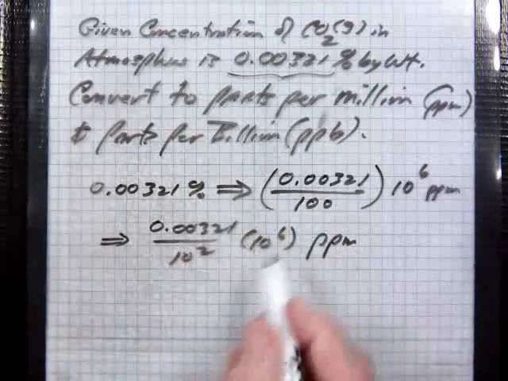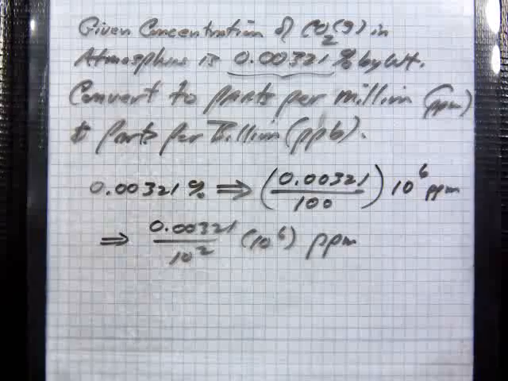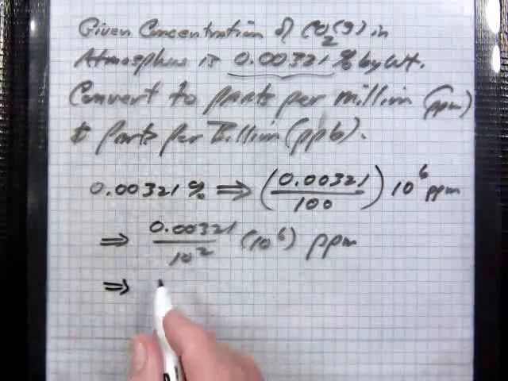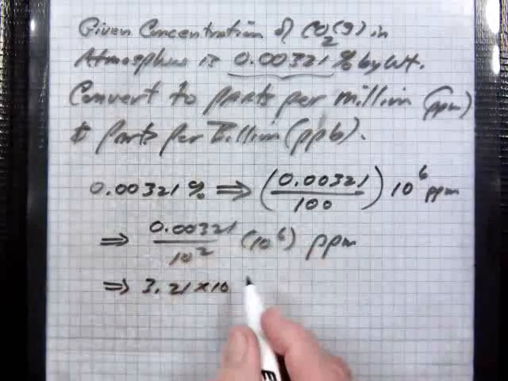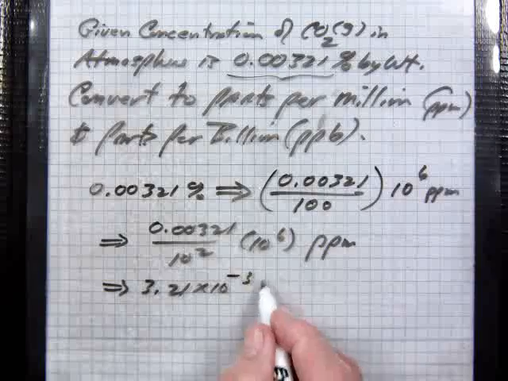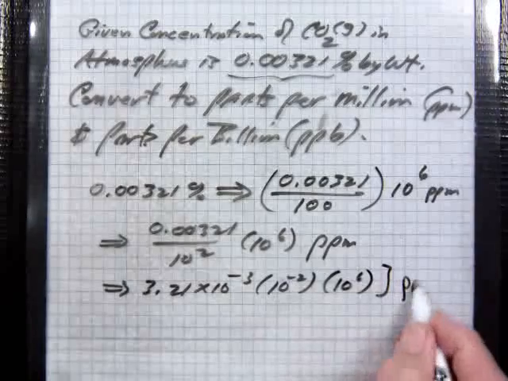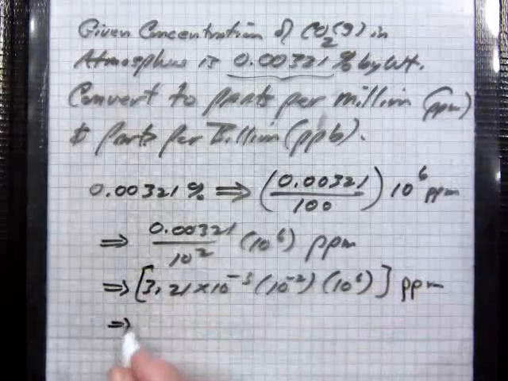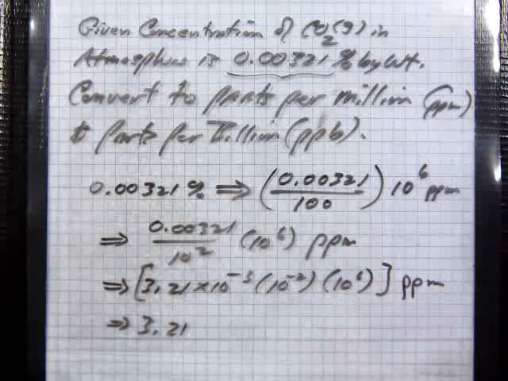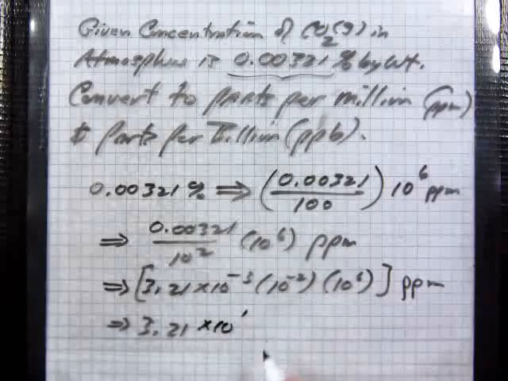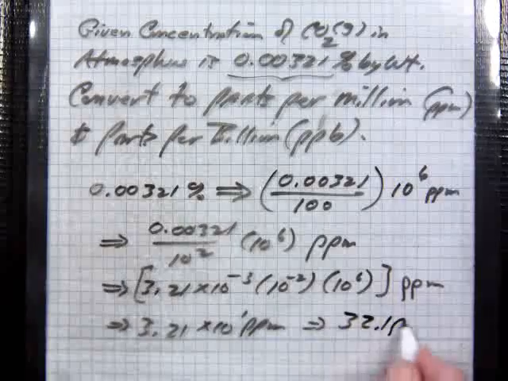So this 10 squared and 10 sixths would go 10 to the 4th, and then your numerator would be 3.21 times 10 to the minus 3, and then times 10 to the minus 2 times 10 to the 6. Everything comes out in ppm. There we go.